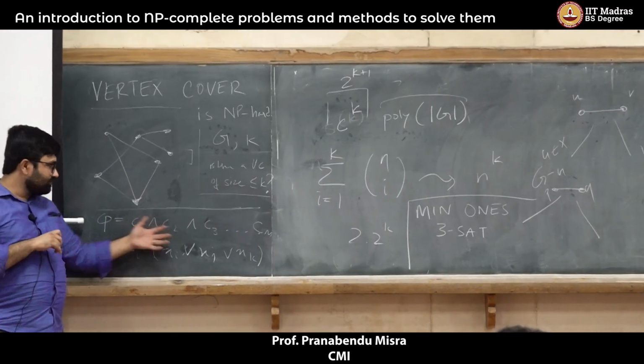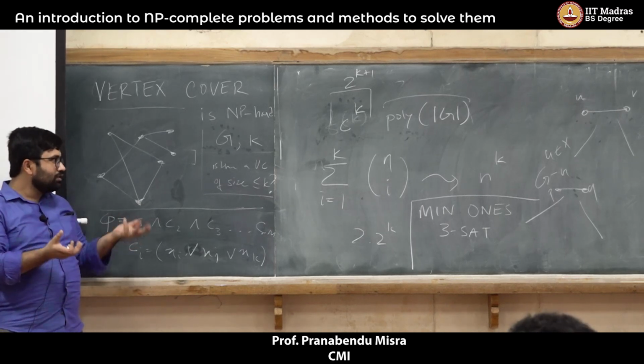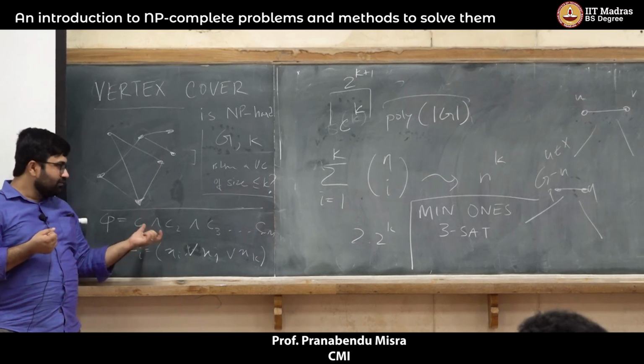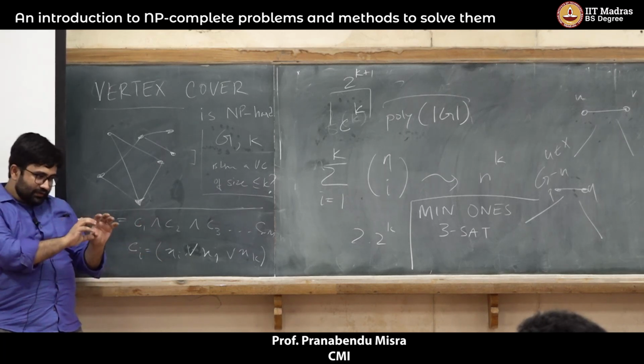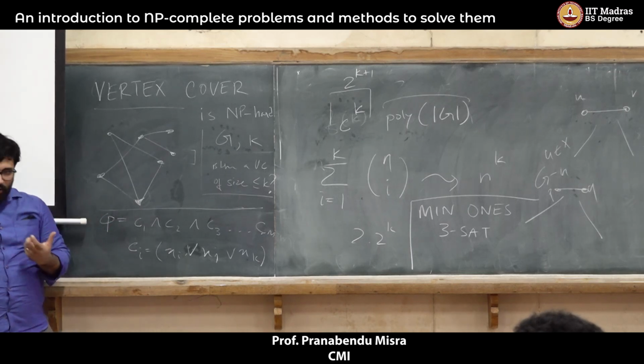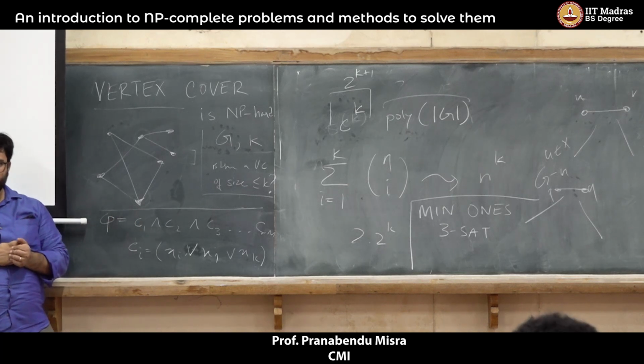Once again, you have the 3 CNF SAT formula. You want to decide if there is a setting of the variables. So variables are set to true or false, right? But is there a setting of the variables where at most k variables are set to true that satisfies this formula, right?